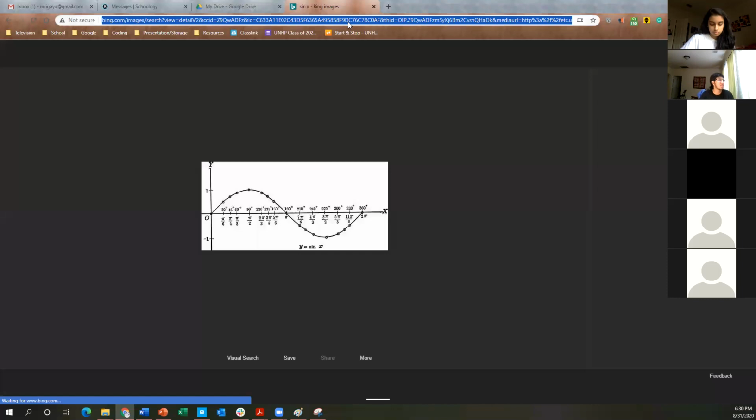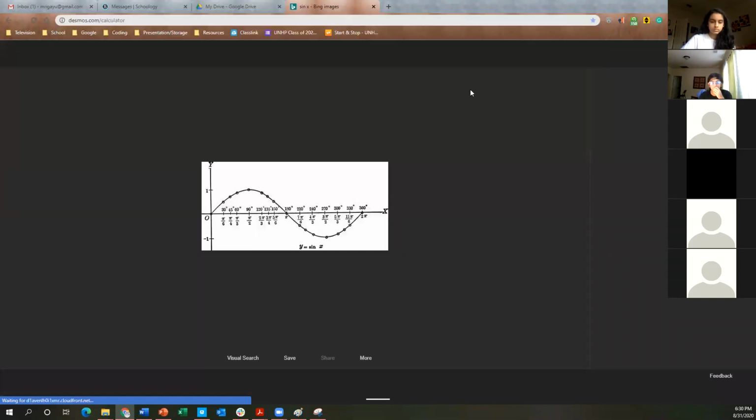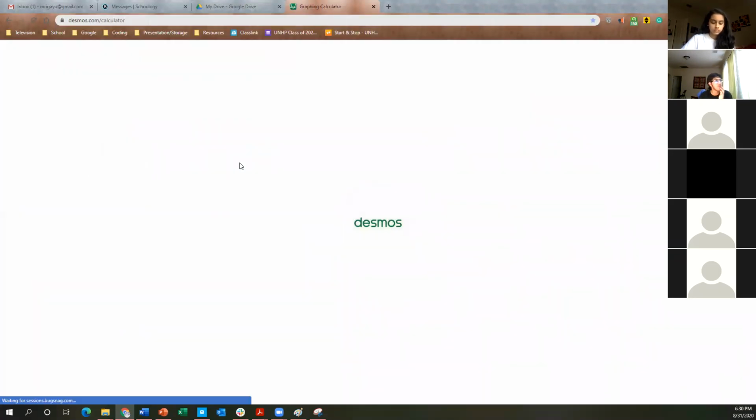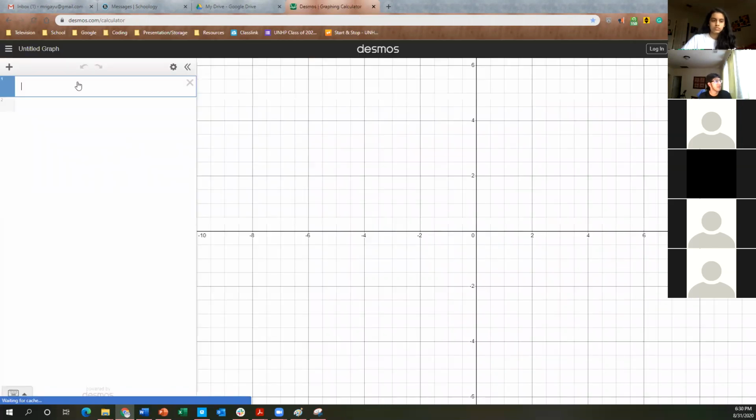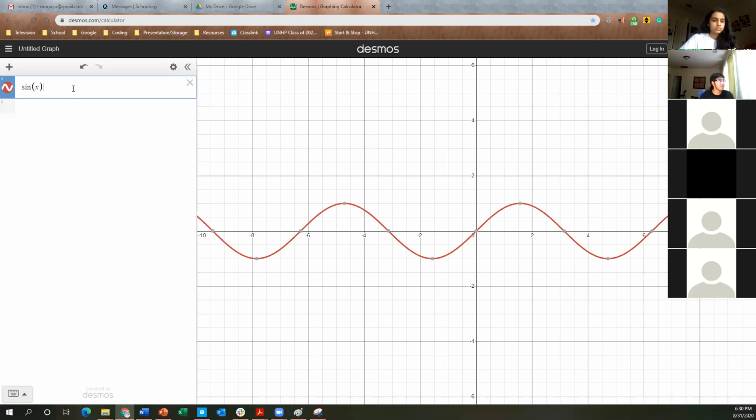Actually, why don't we just use Desmos? So if we use Desmos and we just graph sine of x, right? And we want to graph its derivative. What's the derivative of the sine of x? Cos of x, right?